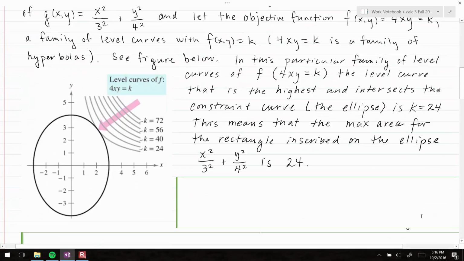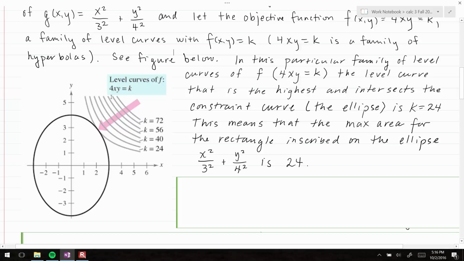Look at this cool graphic here on the left now. This graphic is illustrating what's going on when we describe the family of hyperbolas. This is the area function set to some k, and the different levels of k, if you plotted them up, are shown here.